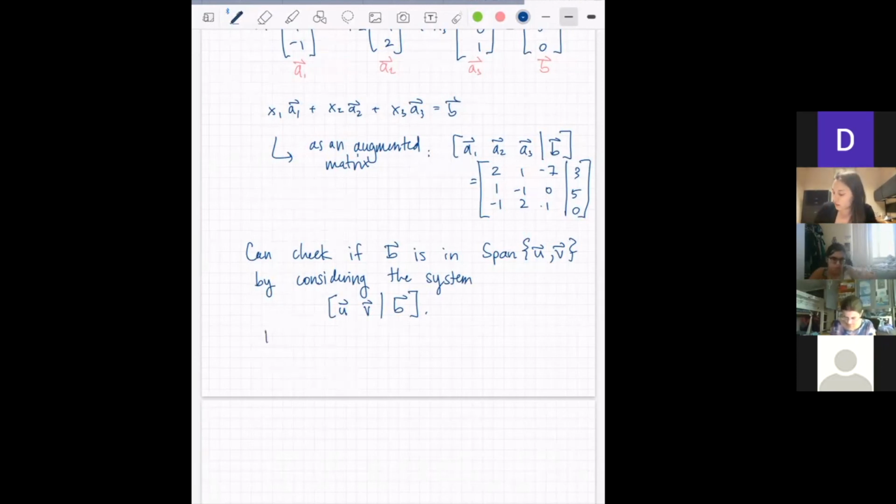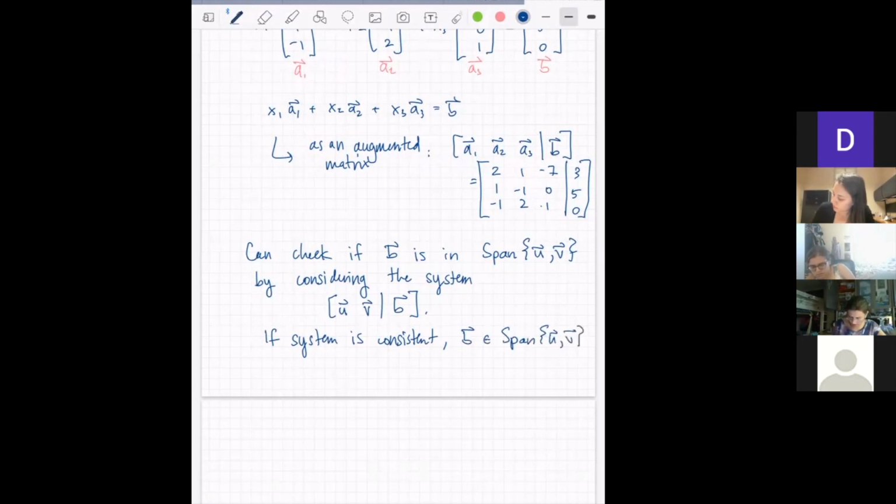And then once we figure that out, if the system is consistent, then we know that B is in the span of u and v. And otherwise, if the system is inconsistent, B is not in the span.